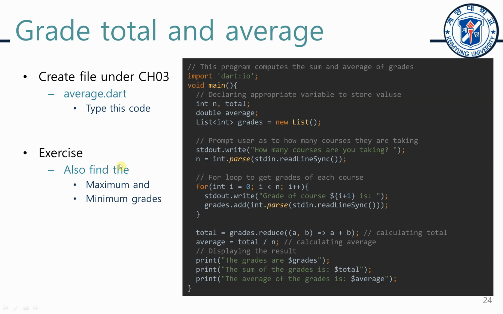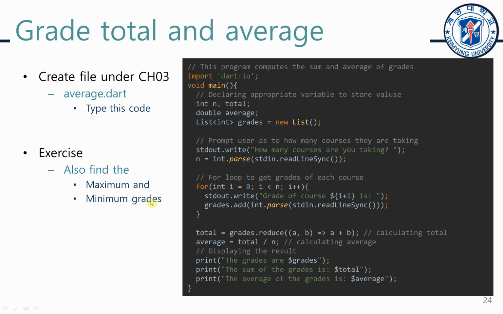By the time you submit this assignment, I want you to be able to find the maximum and the minimum grade. To find the maximum and the minimum, you can assume that the first input is the maximum number, and then the minimum number.